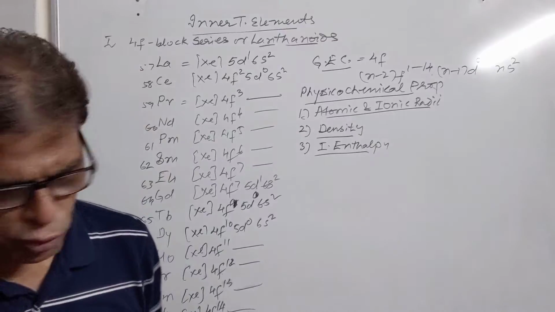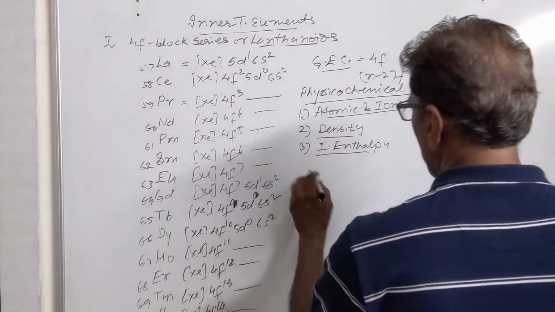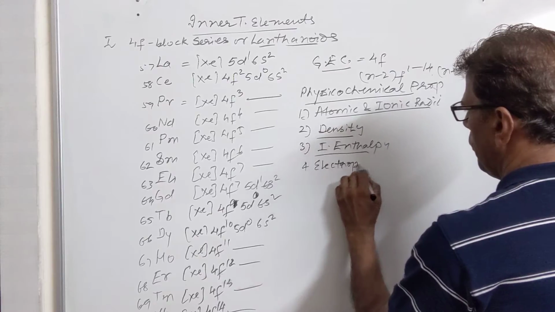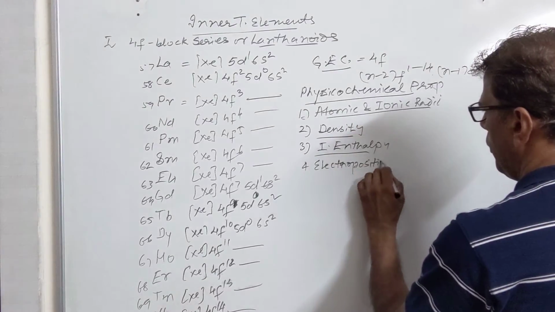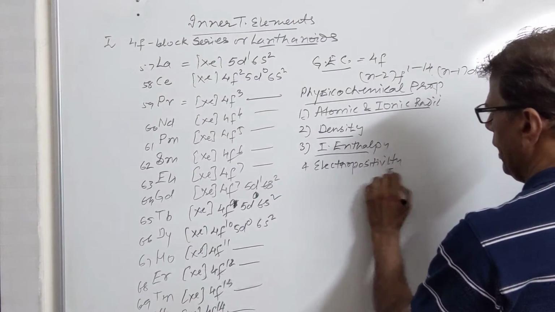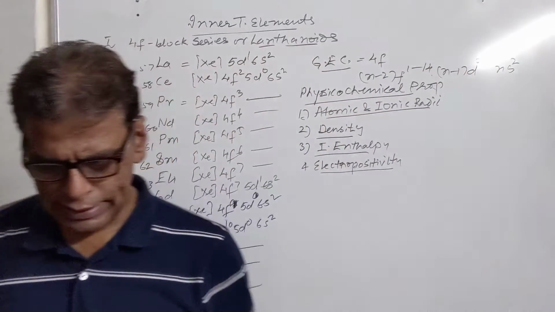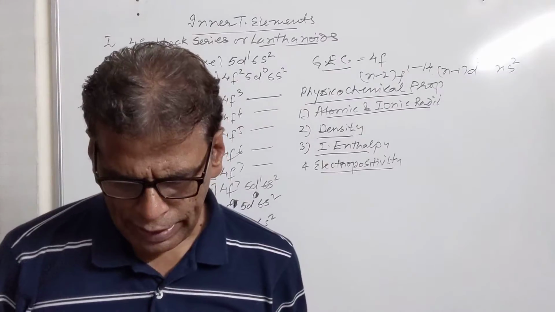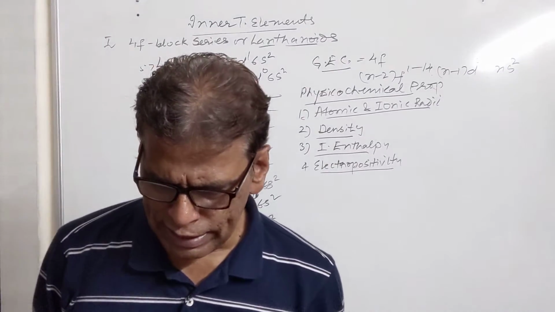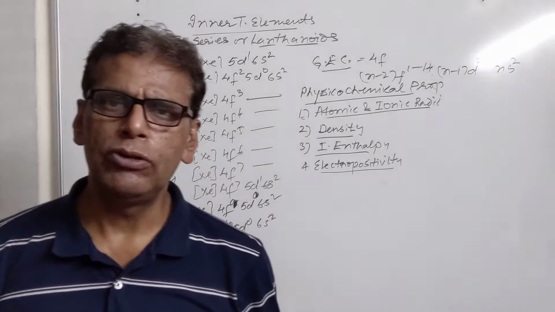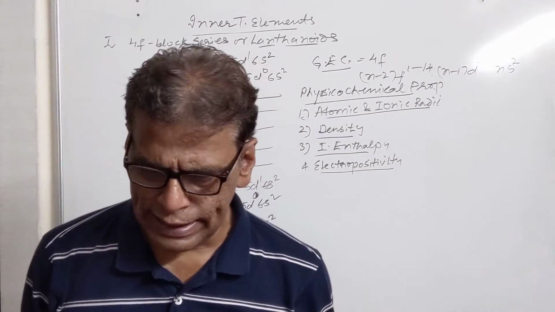Then we have electropositivity. It is more in the beginning and decreases as we move left to right, and this tendency is due to lanthanoid contraction. The size decreases, therefore the tendency to lose electrons decreases.